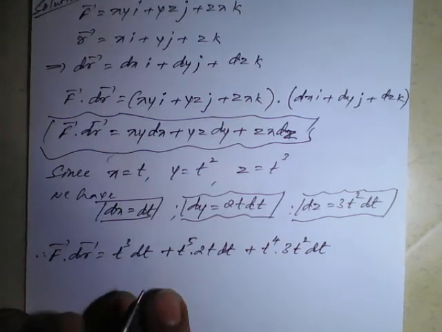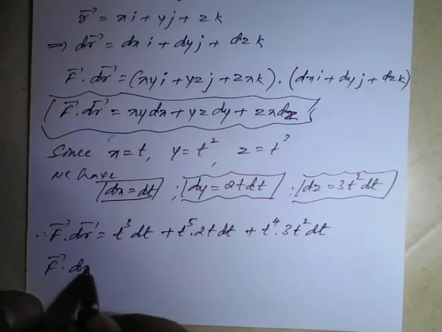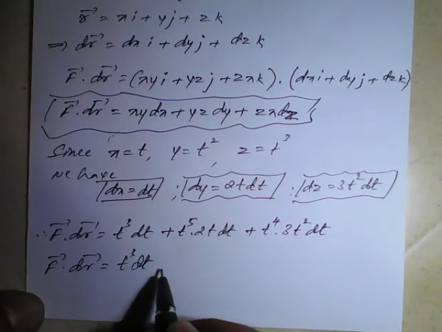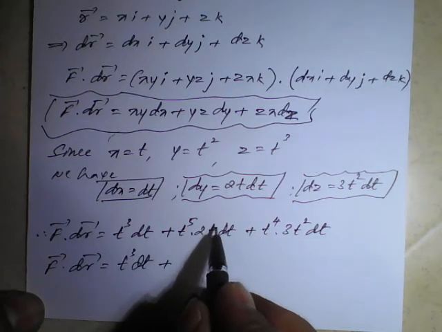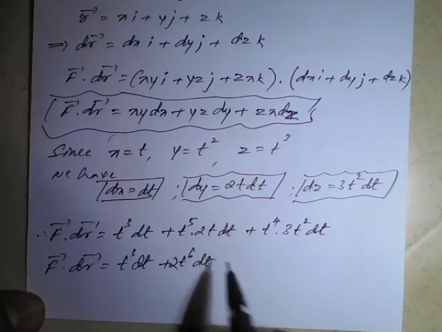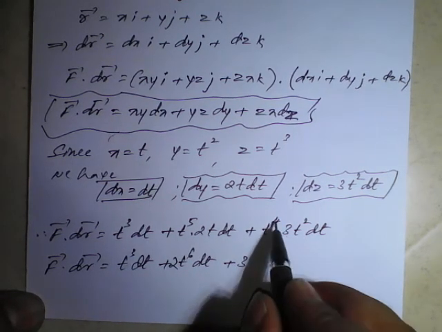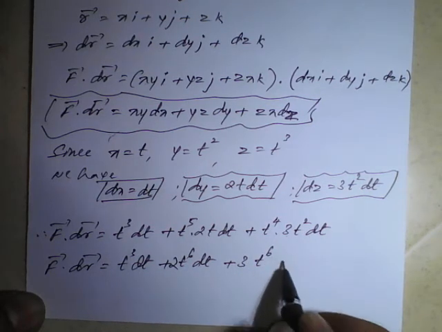We'll rearrange once again for F dot dr in terms of t. Vector F dot dr is equal to t cube dt plus, so here t square and one more t we got here, so it will become 2t raised to 6 dt, plus 3, I will write before, t raised to 4 and t raised to 2, it will become 3t raised to 6 dt.